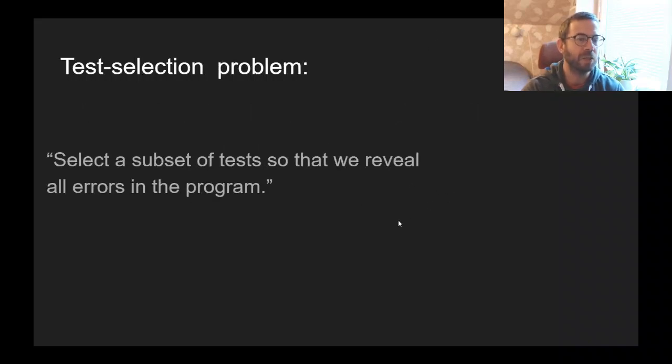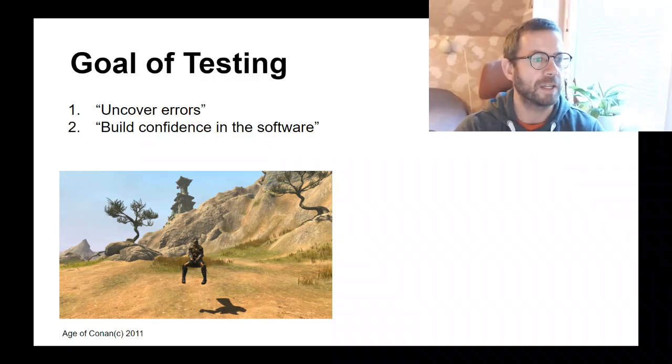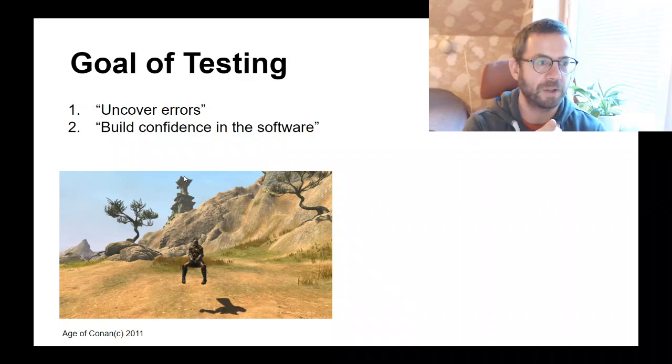So we need to think of what is effective testing. And this is the test selection problem. You should select a subset of tests so that we reveal all errors in the program. So that is sort of the idea, right? So we need to test smart. And to recap, the goal of testing is actually not to test everything, but to uncover errors and build confidence in the software.